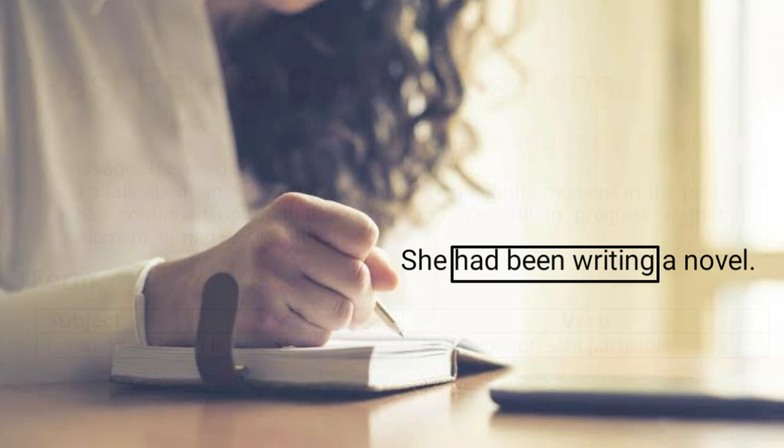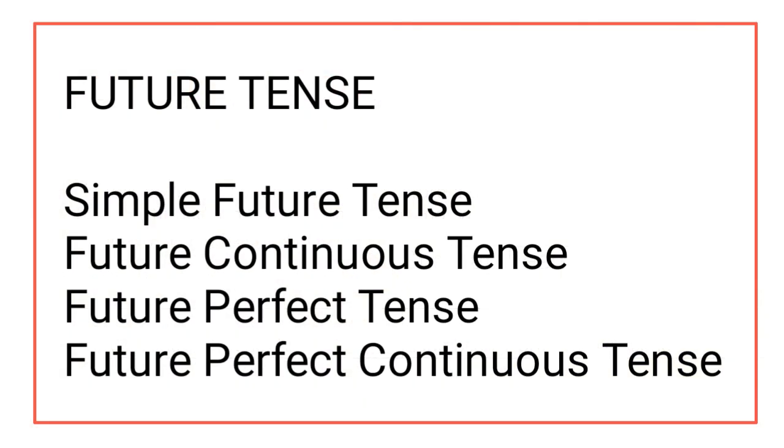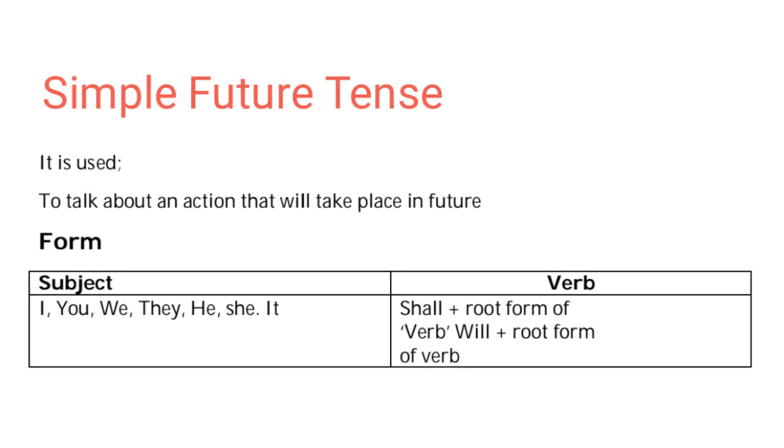So that's all. And now we are moving to future tense. Like present and past, future tense can also be divided into four: simple future tense, future continuous tense, future perfect tense, and future perfect continuous tense. We can start with simple future tense. Its verb form: along with the subject, will or shall plus root form of the verb should be used.